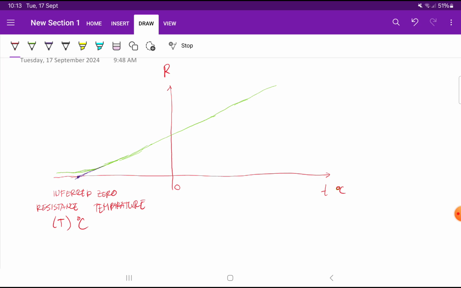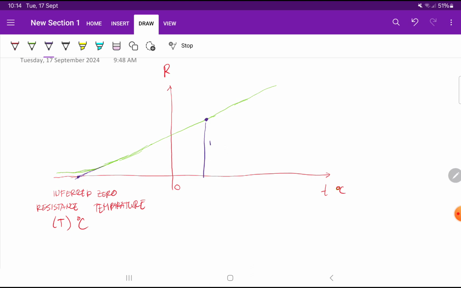In the other parts, it's just a linear relationship, and we can exploit that so that we can derive the formula that describes the relationship between the resistance and the temperature. If we take one point here, there's an equivalent temperature for that.